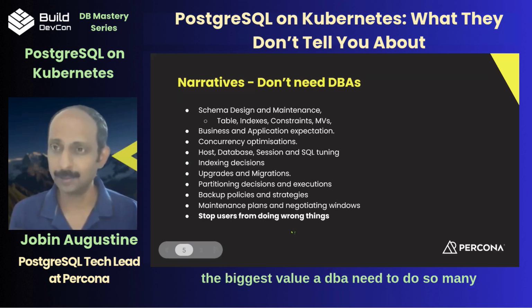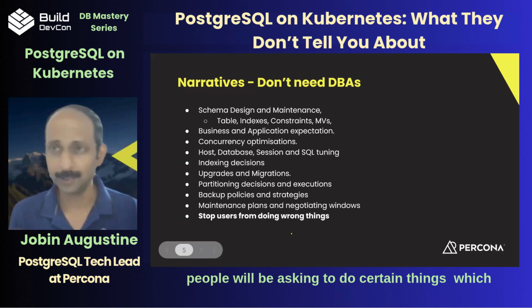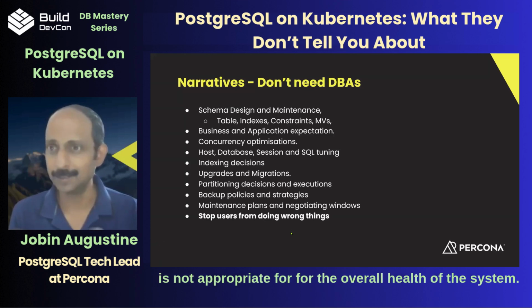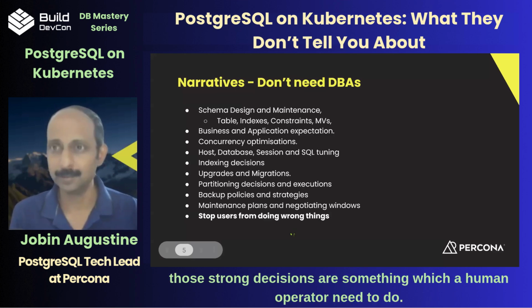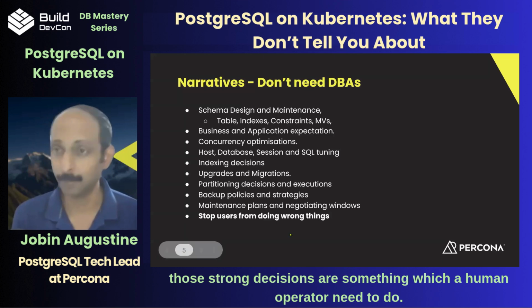That is the biggest value a DBA needs to deliver. Many people will ask to do certain things which are not appropriate for the overall health of the system, so the DBA should be able to say no. Those strong decisions are something the human operator needs to make.